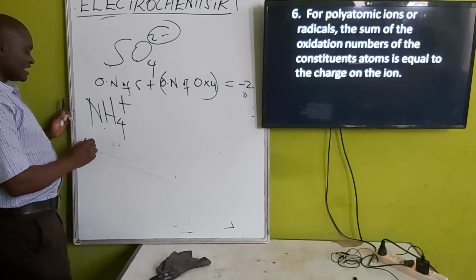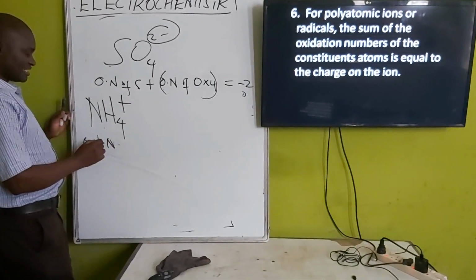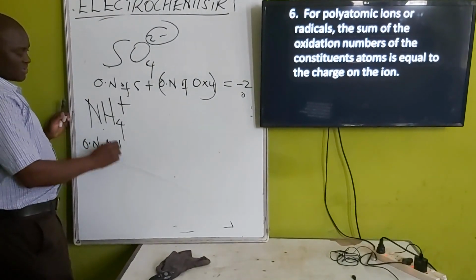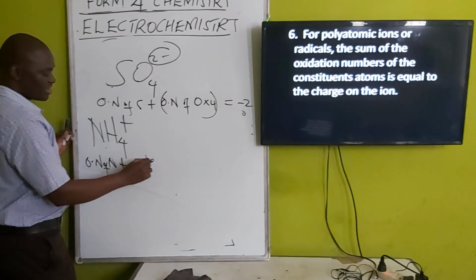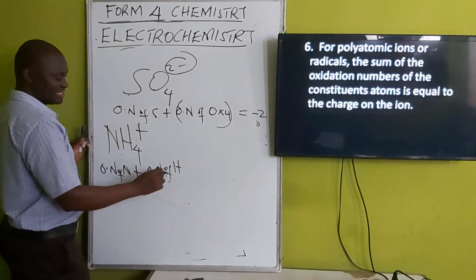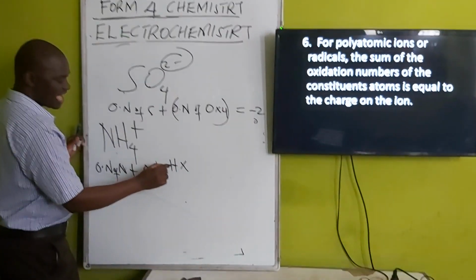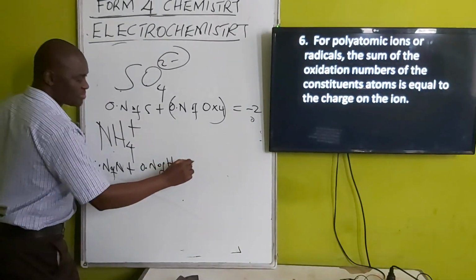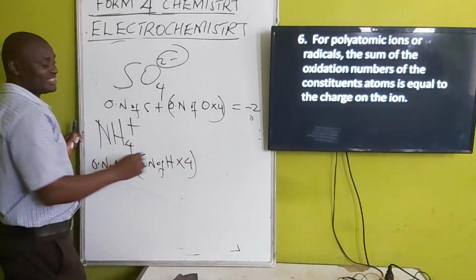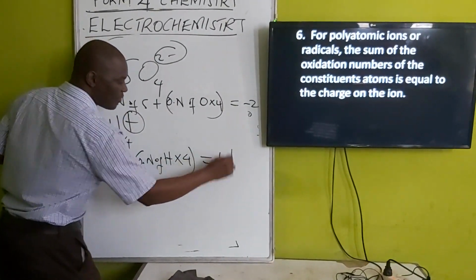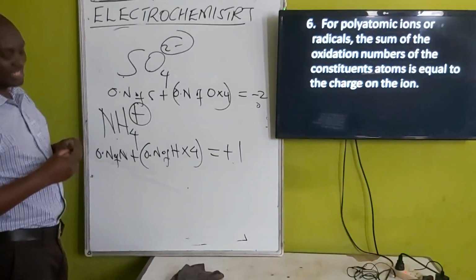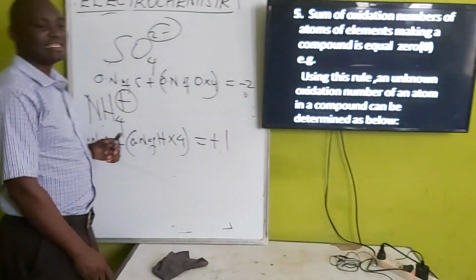If you take the oxidation number of nitrogen, you add the oxidation number of what? Of hydrogen. But how many hydrogen? The hydrogen are 4. So you multiply by 4. Then you get the overall charge, which is +1. So that is what the rule is telling us.